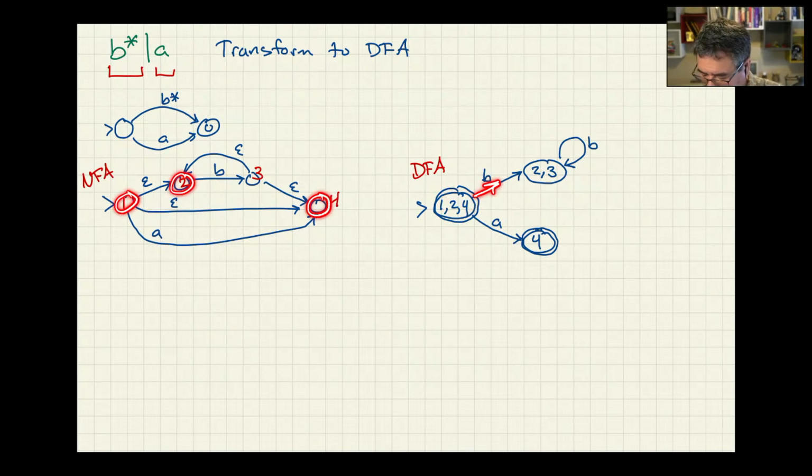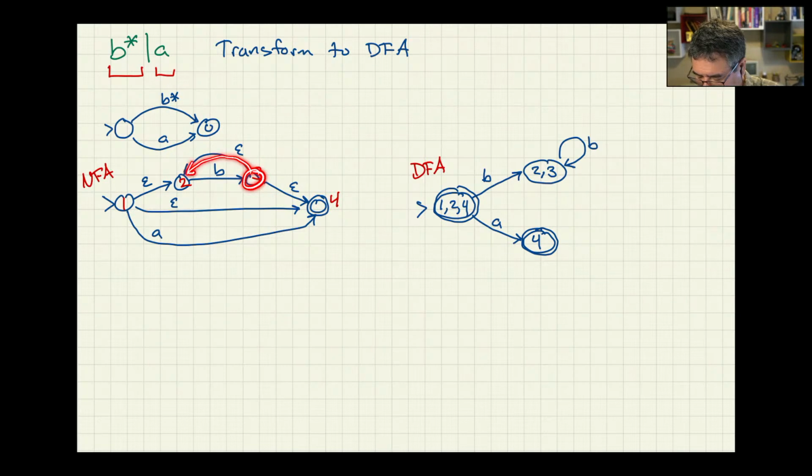And if I follow that B transition, I end up in 3. And the epsilon says I also end up in 2. But there's another epsilon that takes me to 4. Did you see that? So if I'm in 1, 2, or 4, and I follow the B, it takes me to 3.